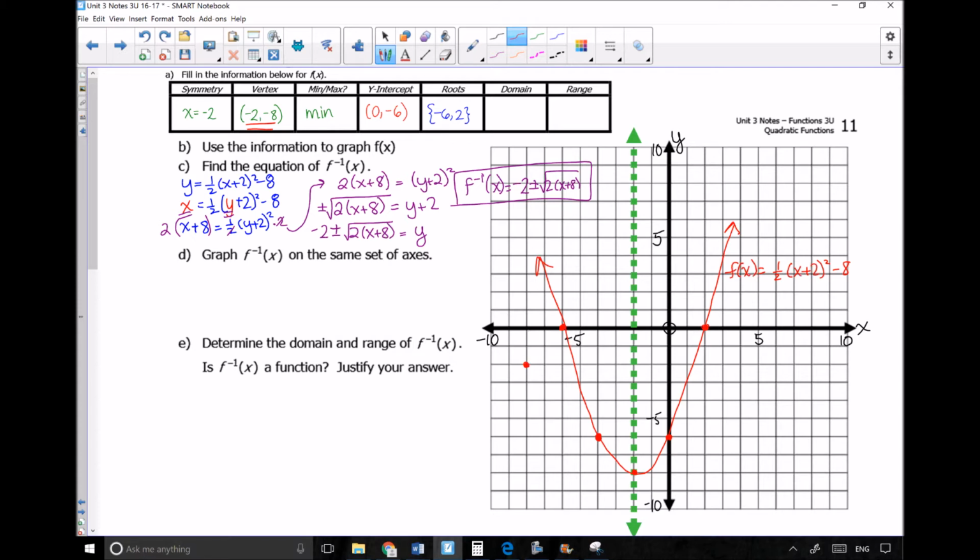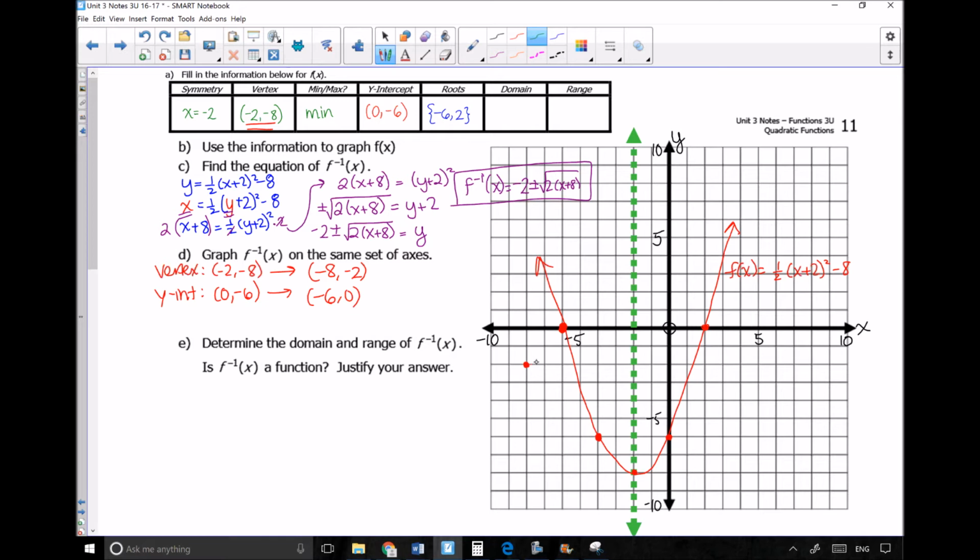So all I'm doing is swapping the vertices. So if my vertex is negative 2, negative 8, then my new point would be negative 8, negative 2. Okay? If my y-intercept was 0, negative 6, then my new coordinate would be negative 6, 0. So I know my new coordinate is going to be here at negative 6, 0.